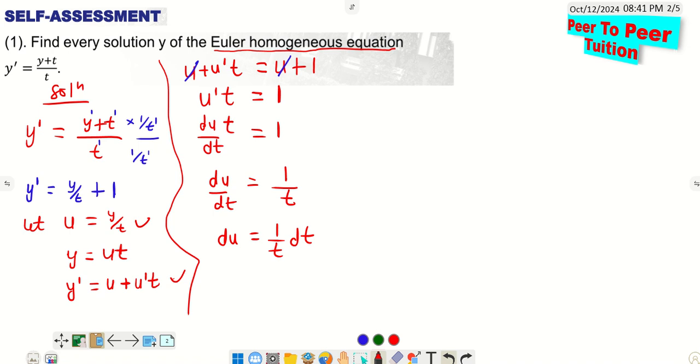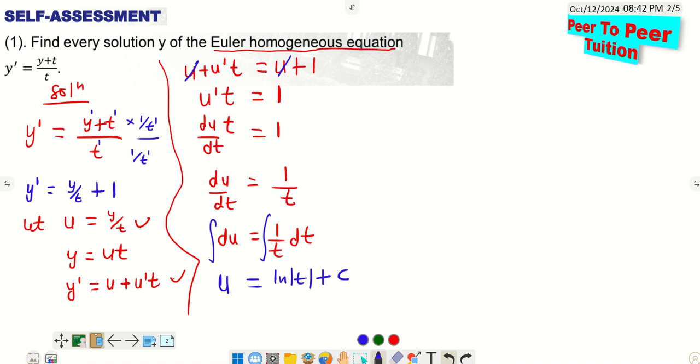Now you can see that this is in a separable form. All the u's are on the left hand side and all the t's are on the right hand side. So we can integrate both sides. If I integrate du, I will get u, and if I integrate this, I'll get the natural logarithm of t plus c.